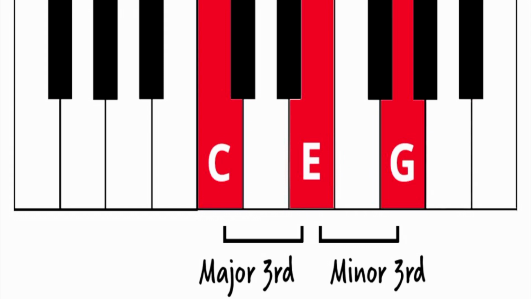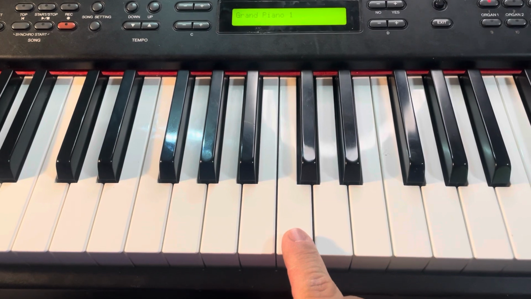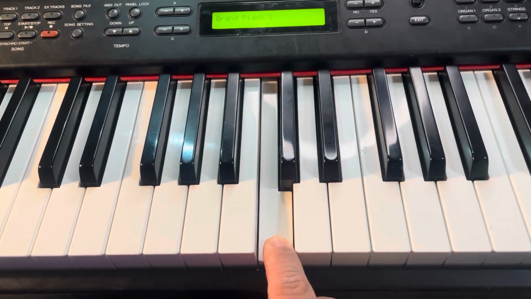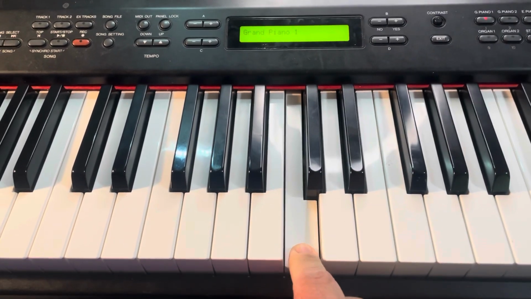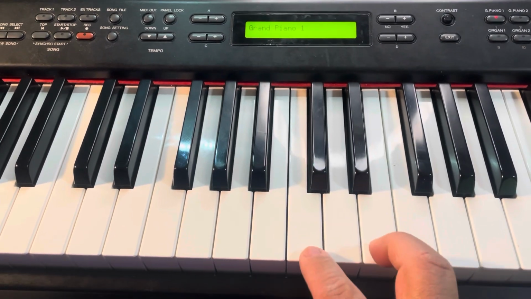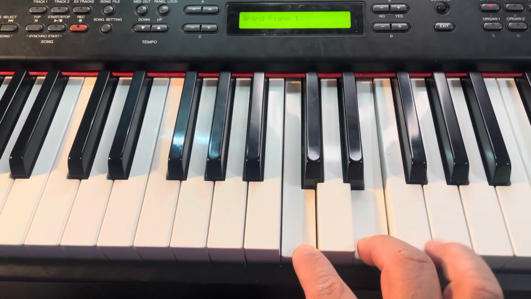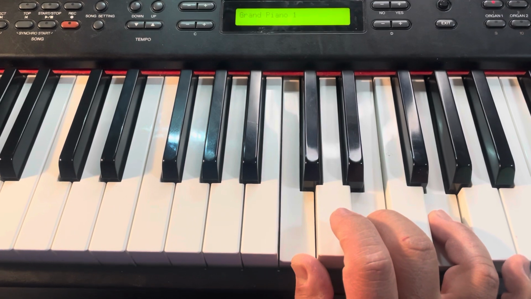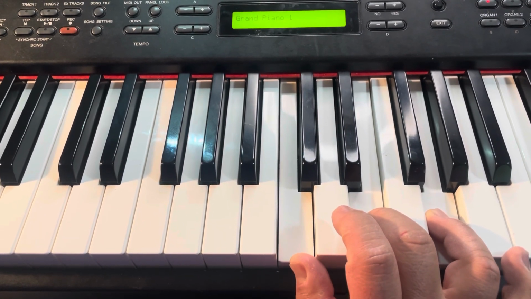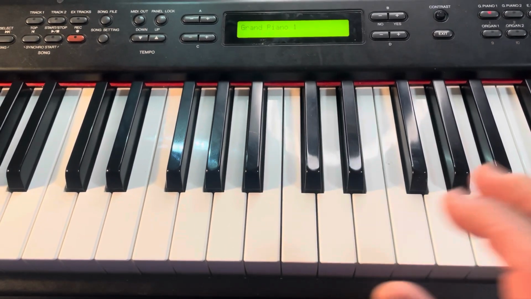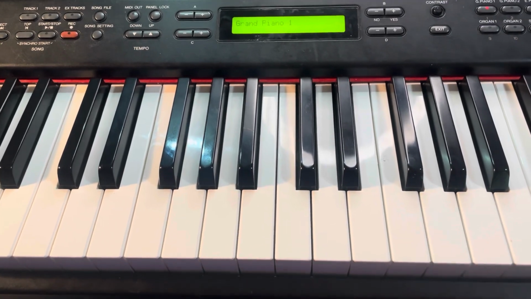Now, if we keep going from the E to the G, that is a distance of three half steps, or a minor third. Because from the C, which is the main note of the chord, the root of the chord, we call it, to E is a major third, this qualifies as a major chord. All right, that's how we determine that. Now, if we can have a major chord, we can also have a minor chord.